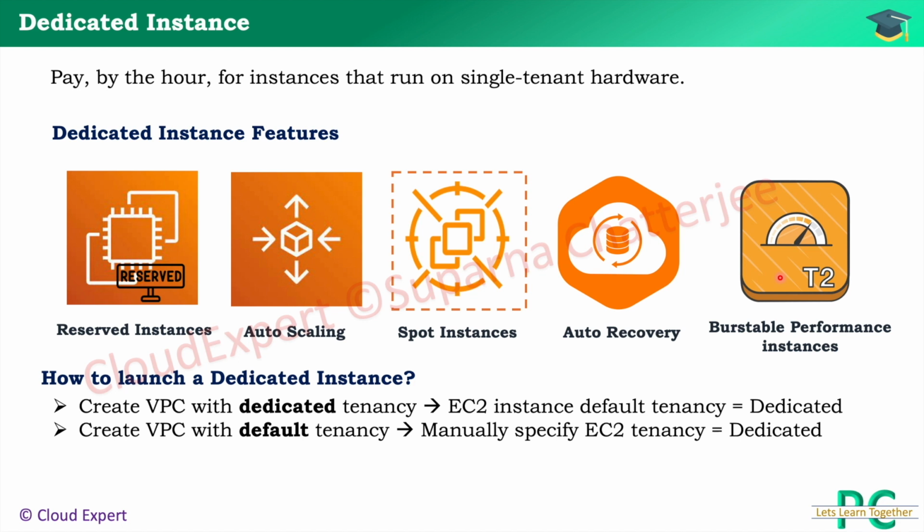So to summarize, either you create a dedicated tenancy VPC, and any instance launched inside that VPC will be dedicated by default, or you create a default tenancy VPC and manually set the tenancy as dedicated at the time of EC2 launch.